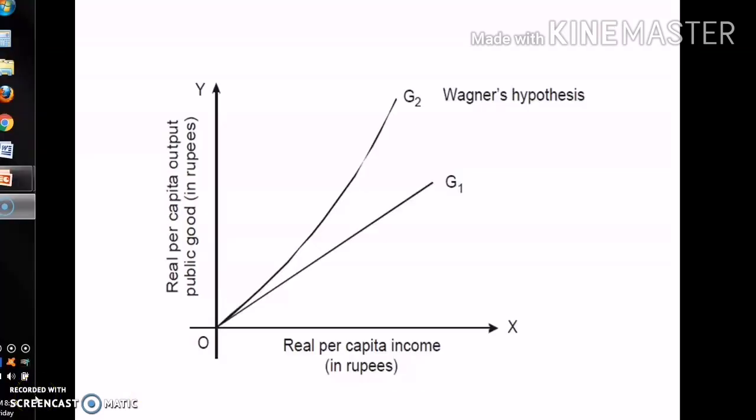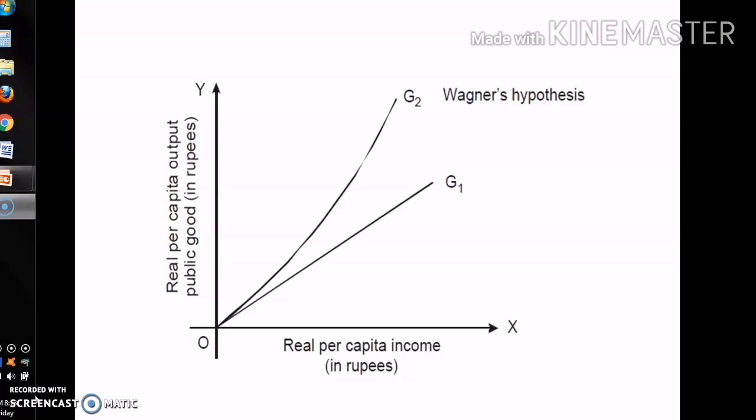Wagner's hypothesis can be graphically represented like this. In this graph, the real per capita output of public goods is measured on the vertical axis and real per capita income is measured on the horizontal axis.